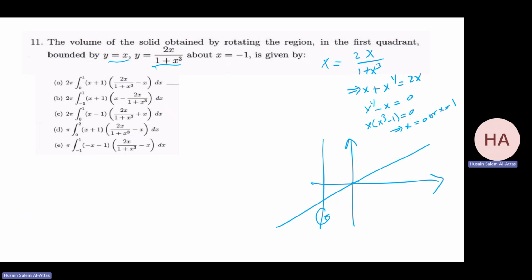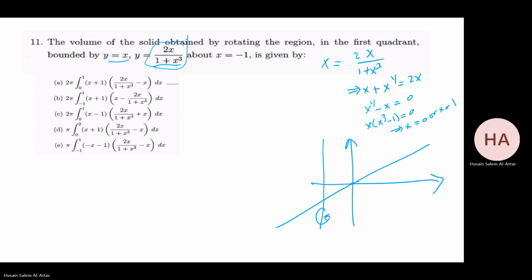This will be 2. This will be 1. X equal 1, I know they agree. It will be 1. And at x in the first quadrant, at x equal 2, will that be bigger or smaller?